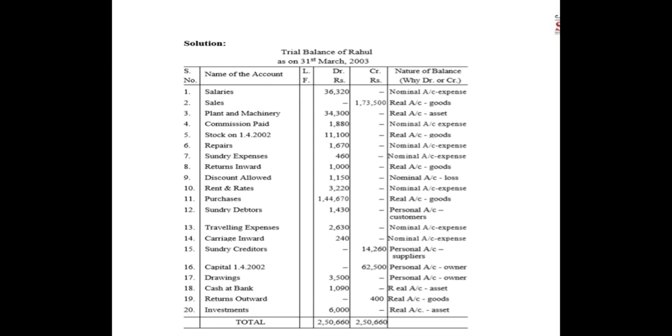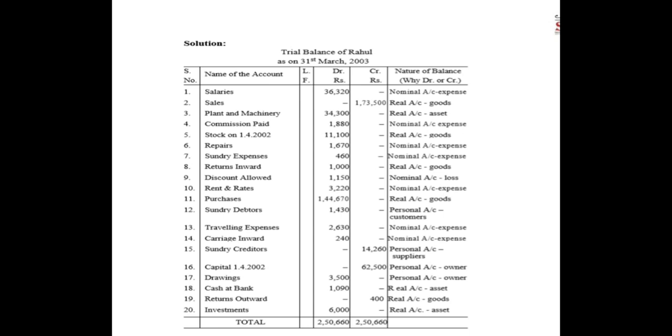Drawings means whatever the amount or the goods or the assets taken out by Rahul for personal use, so that is the asset for the company. So it should be written in debit side. As you know, as per the business entity concept, the owner's entity and the business entity are both separate. So remember this thing while passing the entries related with the capital and drawing.